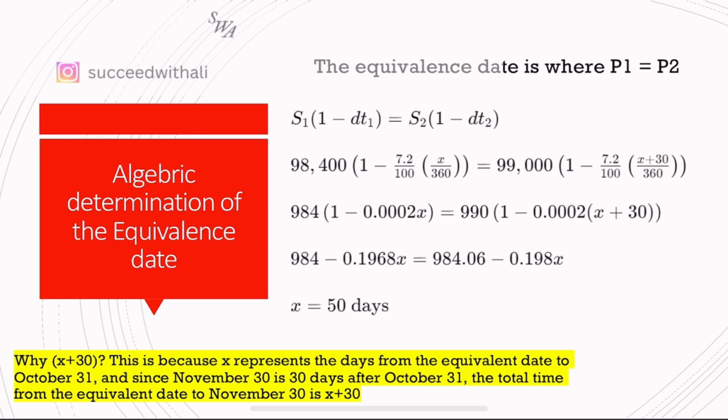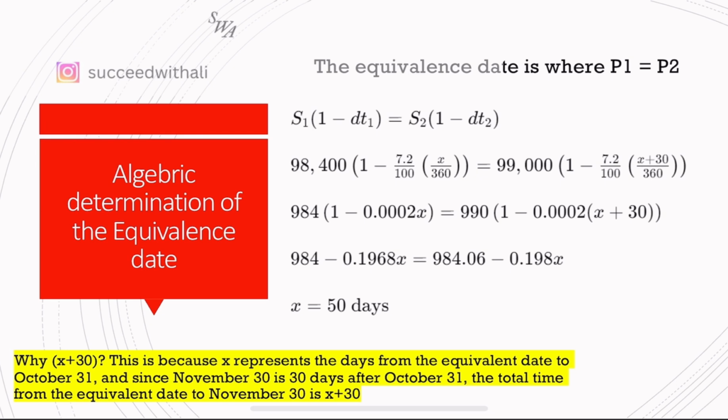So we implement the numbers that we have: 98,400 multiplied by 1 minus 7.2%, which is 7.2 over 100, multiplied by x over 360 is equal to 99,000 multiplied by 1 minus 7.2 over 100 multiplied by x plus 30 over 360. We perform the calculations and we get x equal 50 days.